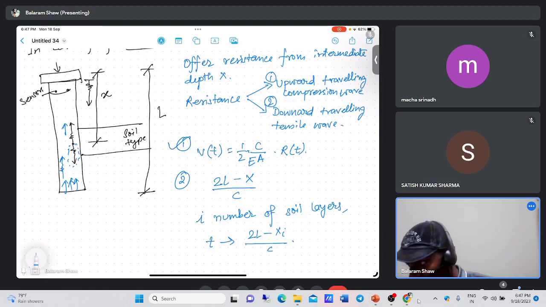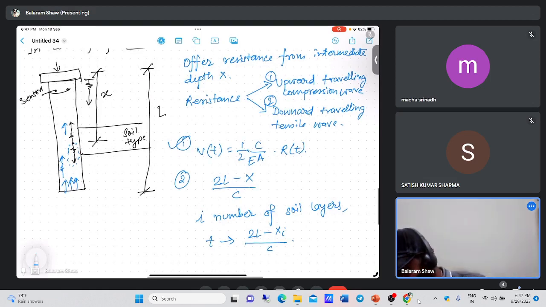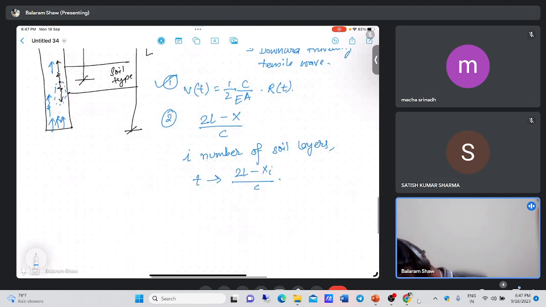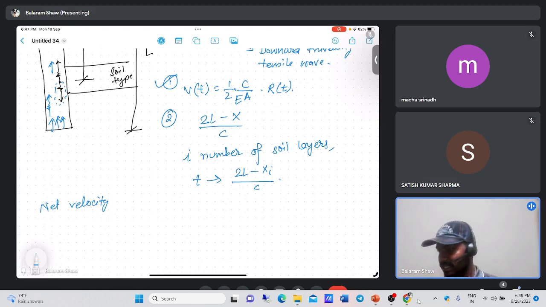So if we consider the net velocity, what net velocity is: the upward and downward components together. We can't say total, because it is called net.